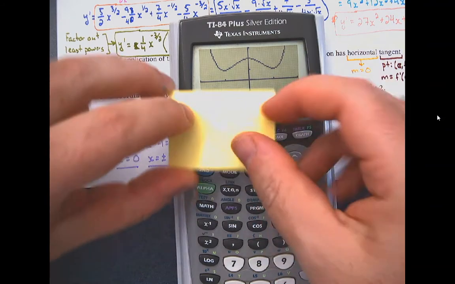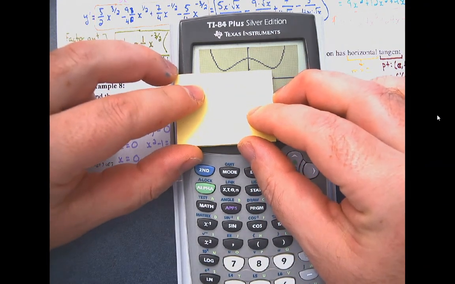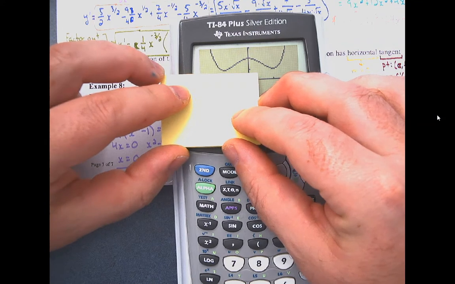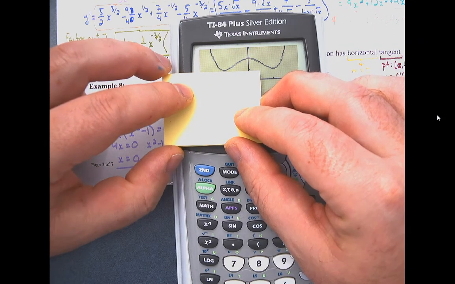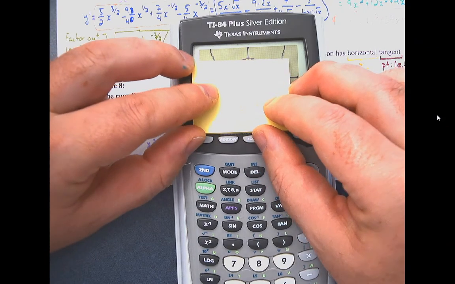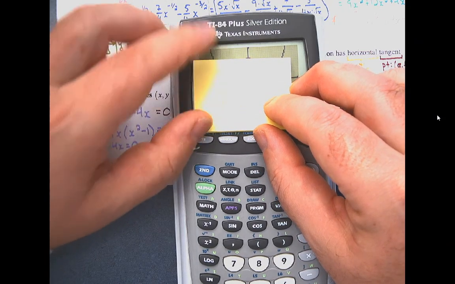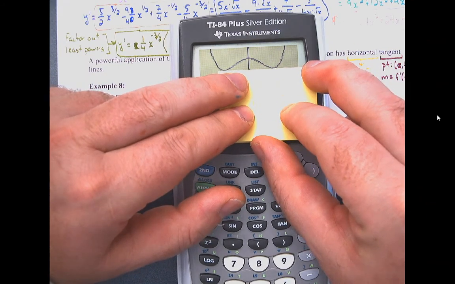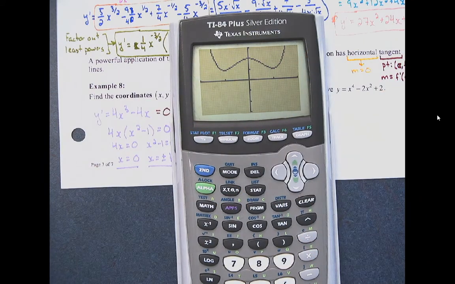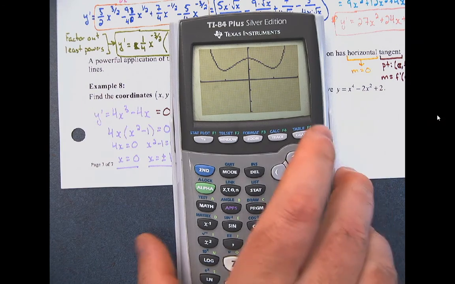Look at the tangent line. If I drew the tangent line on the very edge of that point right there, that line is perfectly horizontal at x equals negative 1. I go up here to x equals 0. Tangent line is perfectly horizontal. I go over here to x equals 1. Tangent line, perfectly horizontal. What's up, calculus?